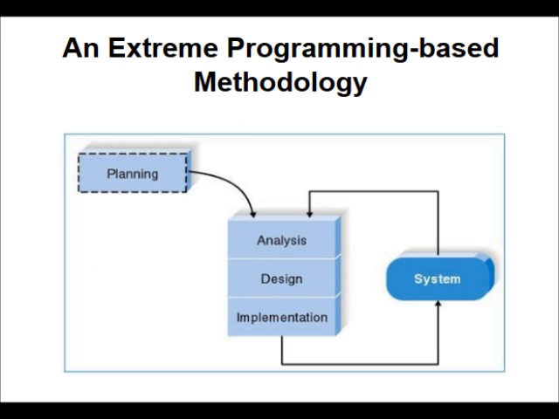The extreme programming based methodology goes: planning, then analysis, design, implementation, then the final system is developed, then go back to analysis, design, implement. So it goes on. Continuous progressive elaboration takes place, in which at every step we analyze, design and implement in parallel. We do it again and again, like an iterative process.